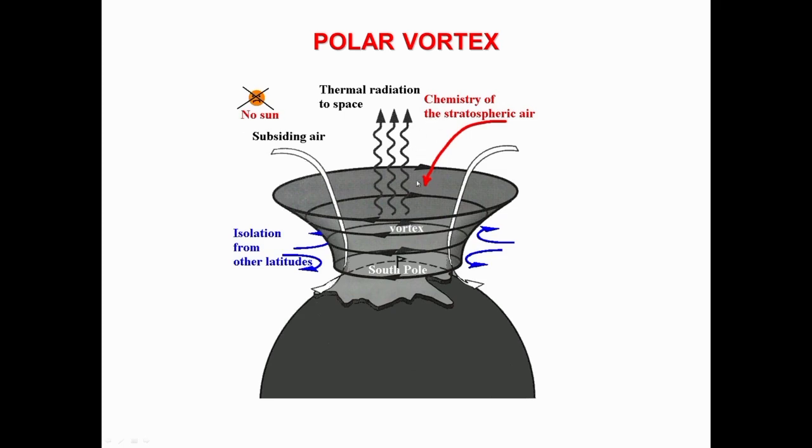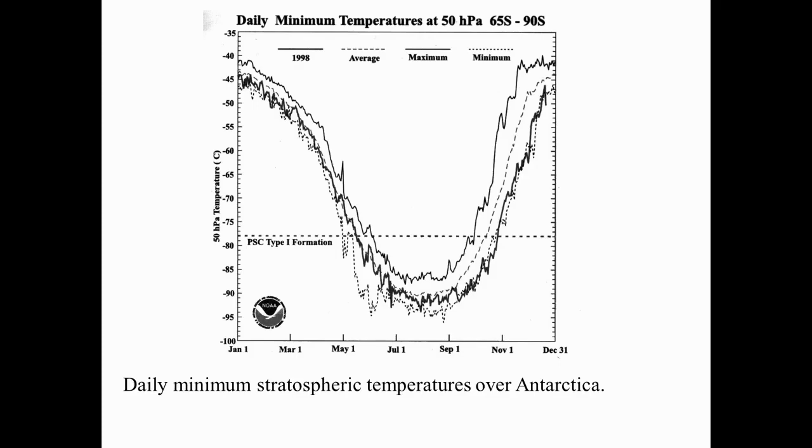There's no sunlight to heat it up. And so this vortex strengthens. So with the strengthening vortex, you've got all of these species being locked up into the same air mass. And it gets cold. So during the polar winter, you get down to about minus 95 centigrade.